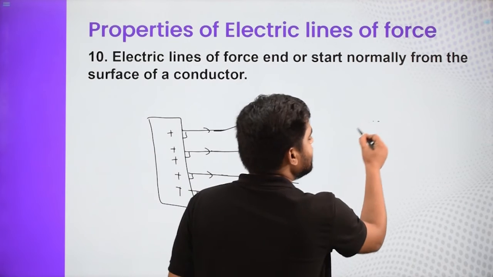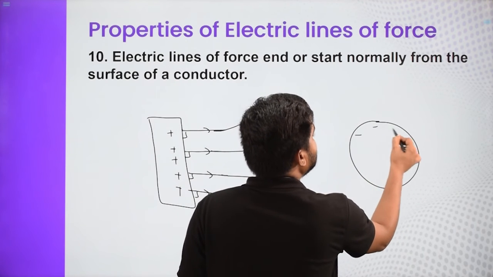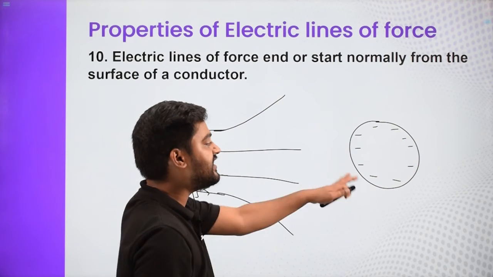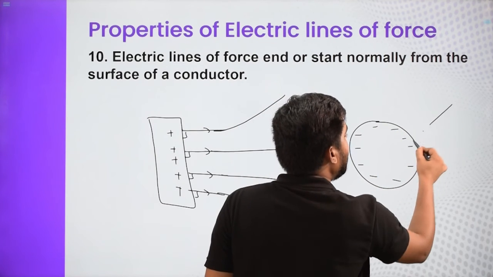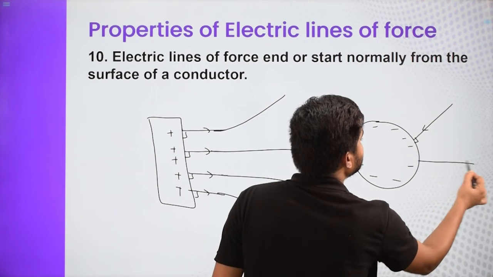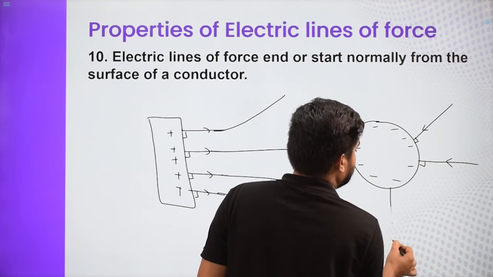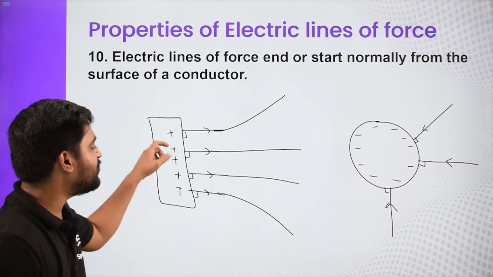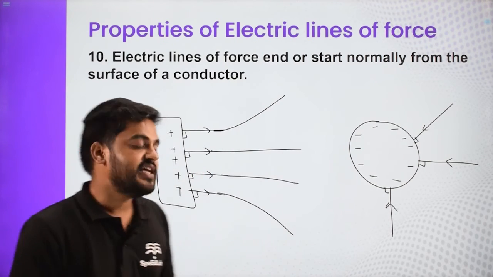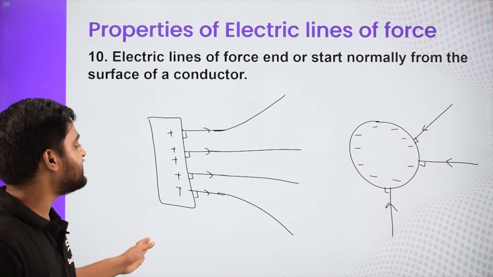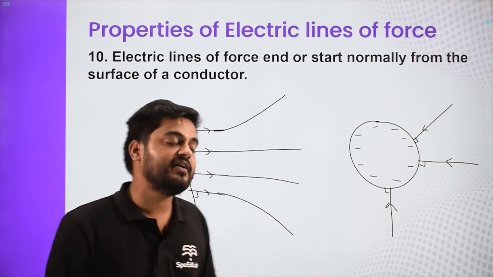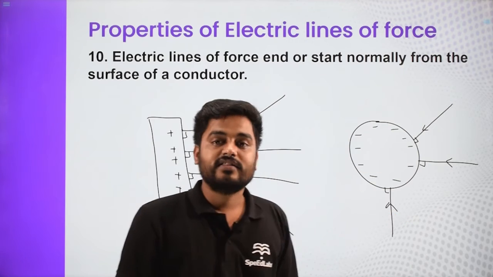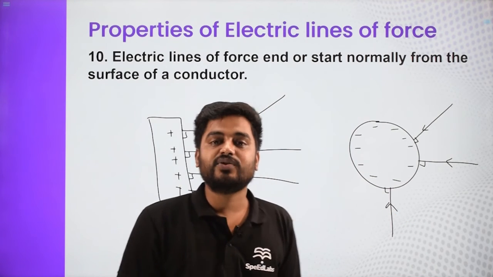And if it is a conductor surface having negative charge, then field lines will enter, but again this direction also has to be perpendicular. So this is how field lines have to enter or exit. They always have to be perpendicular to the surface. If it is a positively charged surface, they exit perpendicularly, and if it is a negatively charged surface, they enter with their direction perpendicular to the surface.